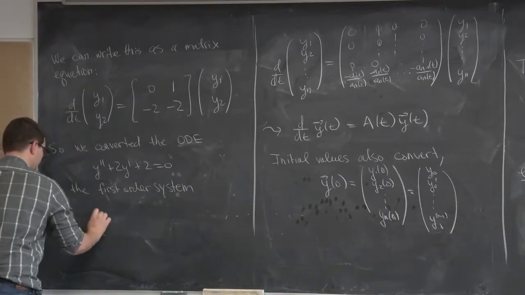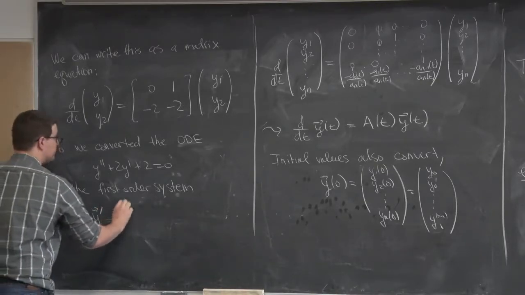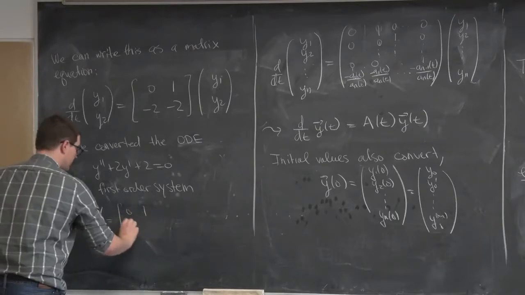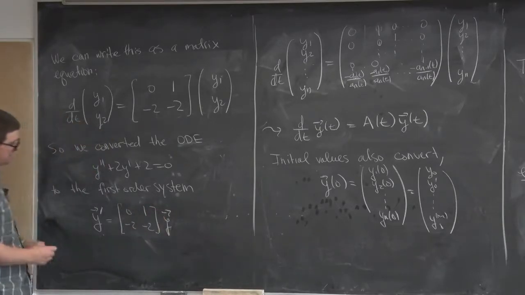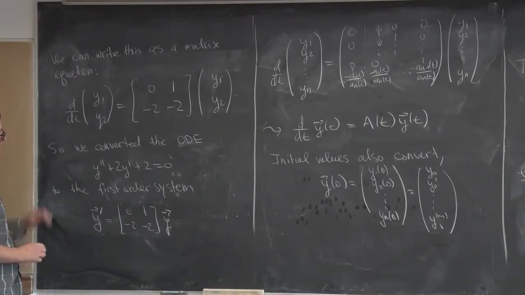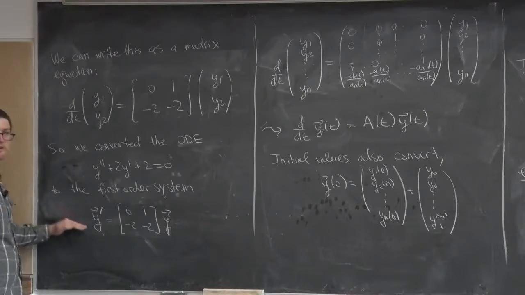I can write it like this: Y' is equal to the matrix (0, 1; -2, -2) times y. So that's the point: we can convert something like this into something like this. And this is a first order thing.